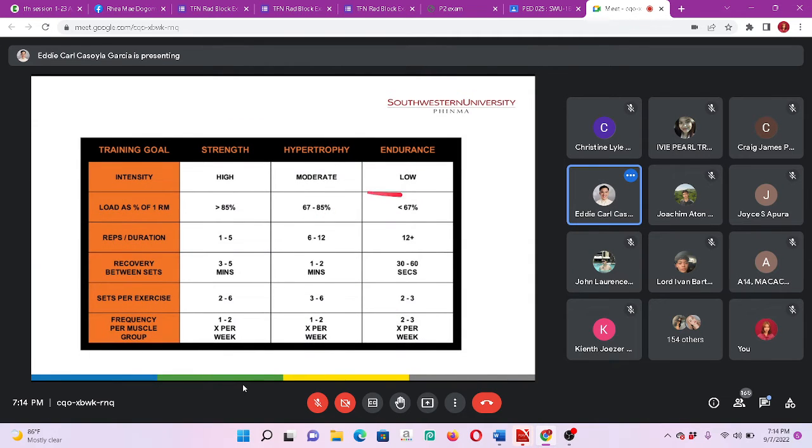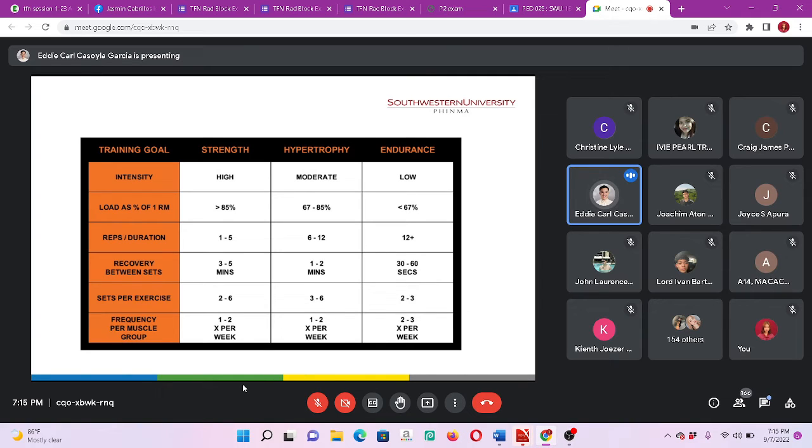For example, intensity recommended for both beginners is moderate and low intensity. We have here load as percent of 1 RM. For low intensity, below 67%, that's your load percent of 1 RM. For example, 1 RM, class, is the highest weight you can lift.